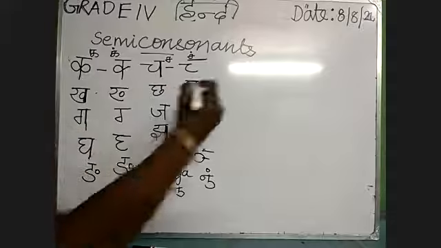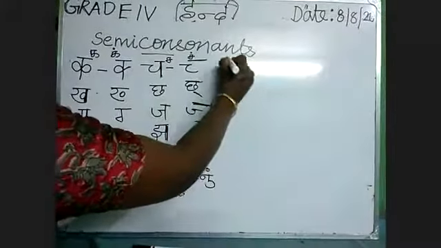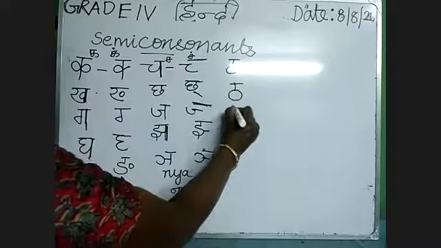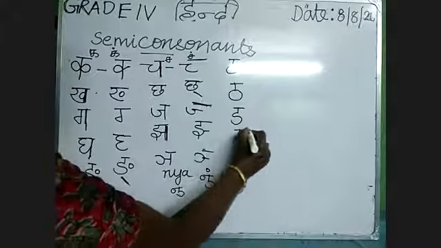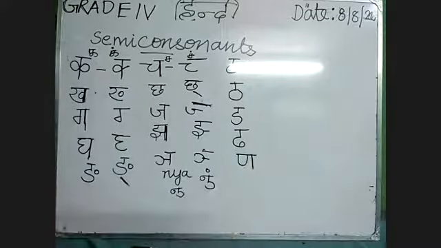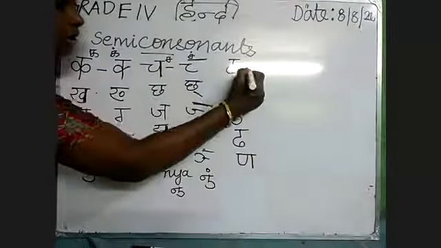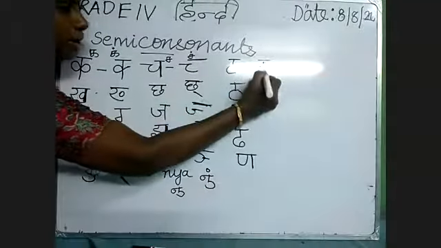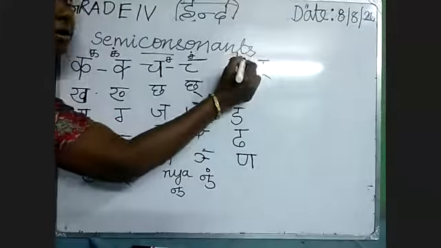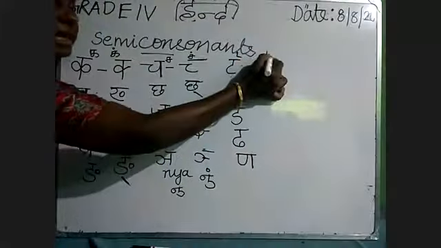Like that, this is ta. See here, in the ta group, for four letters there is no full line at the end. Only for na alone there is a line. So what you should do is put a small dot and a slanting line. This is ta and this is it.